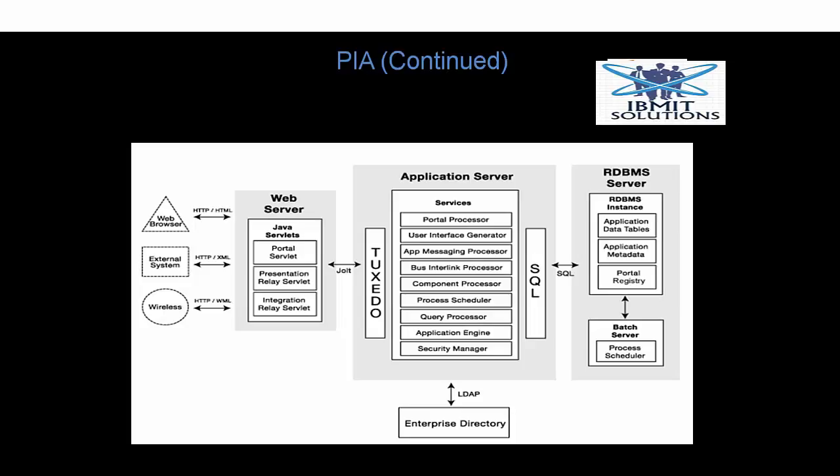That will be stored in the RDBMS server. And the web server is the place where you will access your applications, like a web browser or a mobile or some wireless device, PDA device or all. And it can be integrated with the enterprise directory, that is the LDAP process, what we call it as.